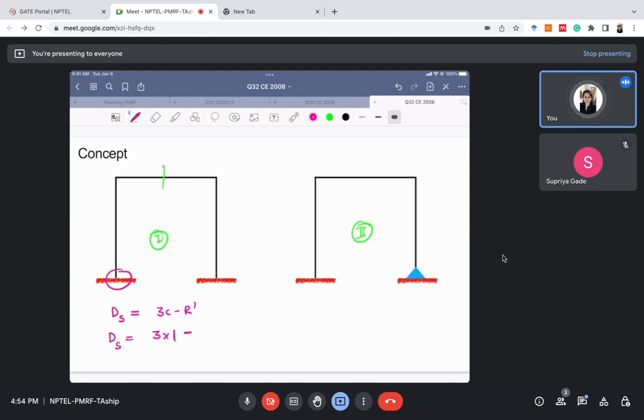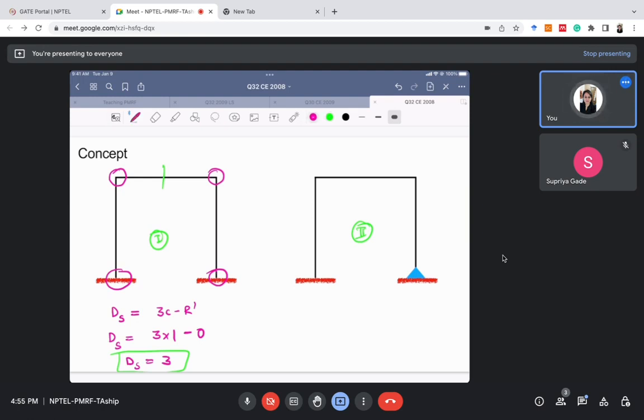It's a fixed support, a rigid support, and this joint is also rigid. This joint is rigid, and this joint is also a fixed support, so it is also rigid. So we do not need any other restraint to make the joints of this structure rigid. So r dash is 0 in this case. So ds we will calculate will be 3 in this case. So degree of static indeterminacy will be 3 for this case.